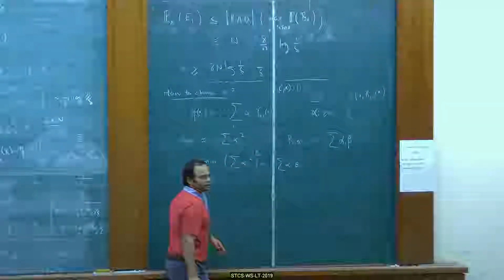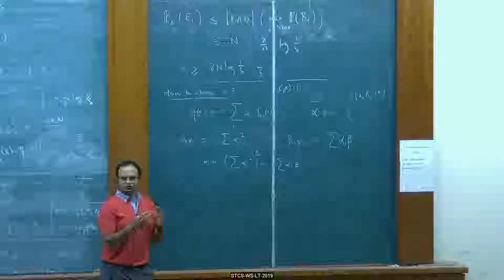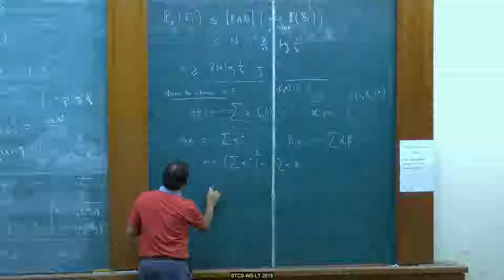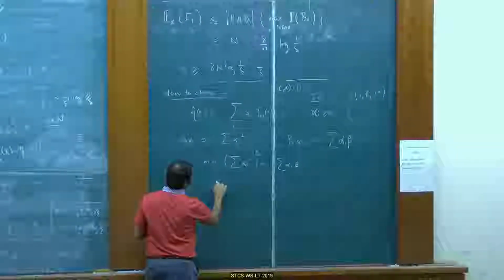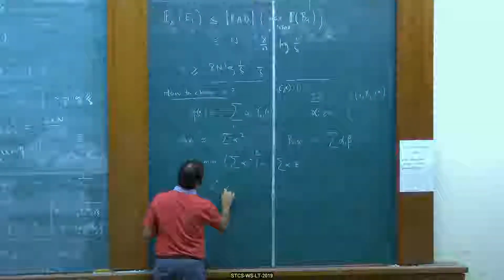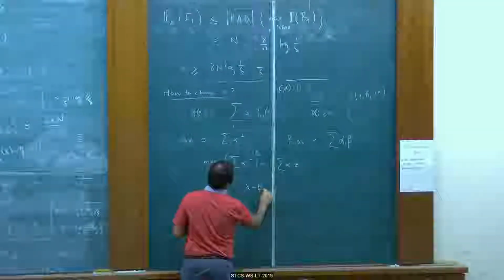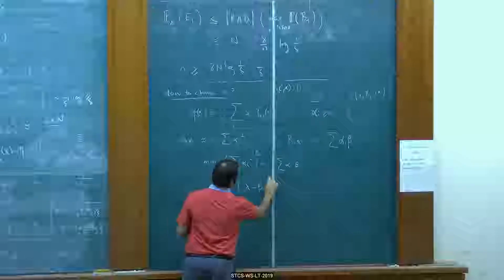They wrote down the appropriate dual of that. The dual has a very clean form, and effectively the following answer comes out. The optimal alpha_i is proportional to (lambda minus beta_i) plus.